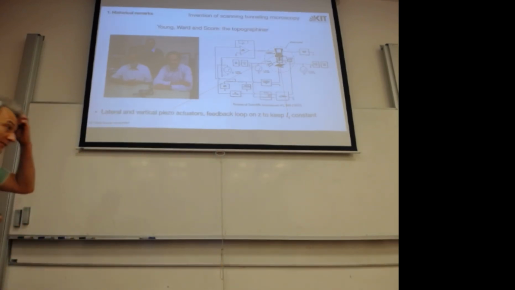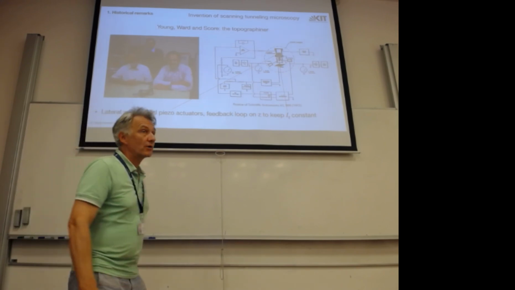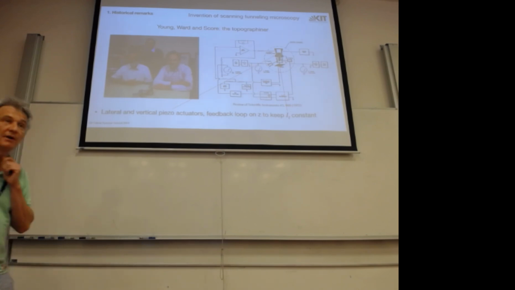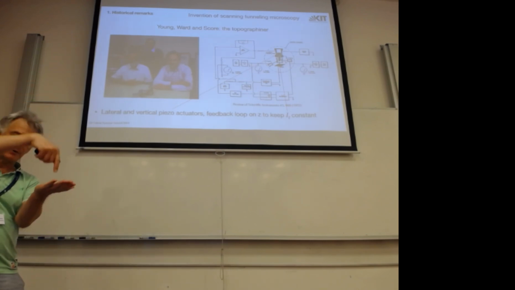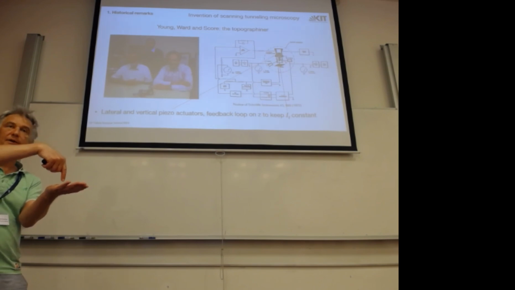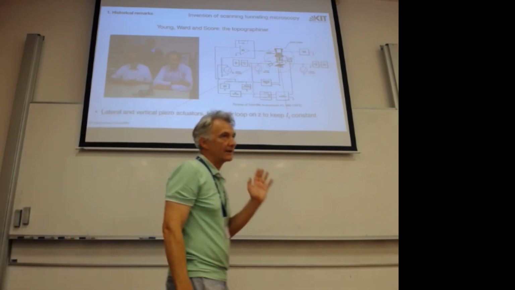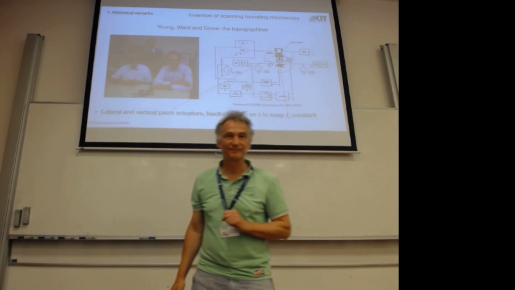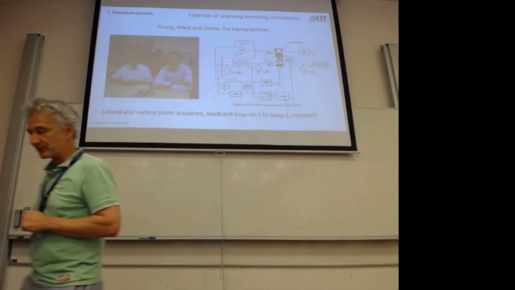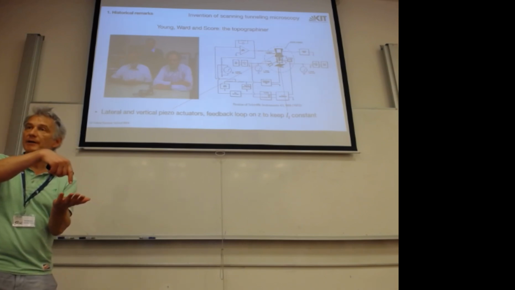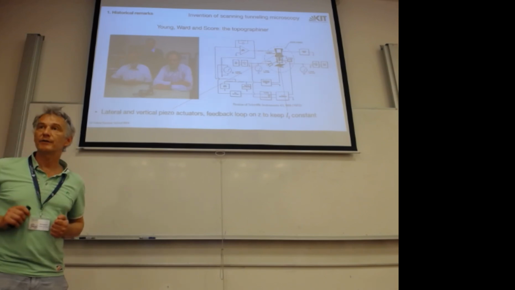Now, why did these gentlemen not get the Nobel Prize? The main point is vibration isolation. So you have your tip and your sample. I will show a movie of this, and you are really almost in contact. The distance is, say, an atomic diameter, a couple of angstroms. And this system has to be stable mechanically, and you have to isolate it from vibrations.